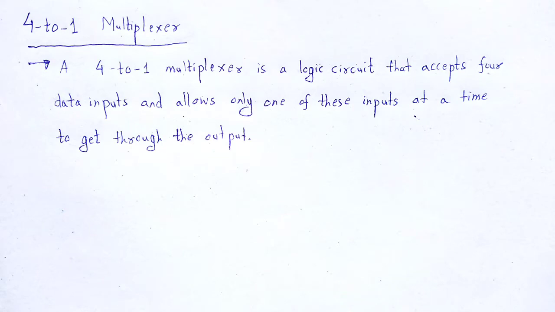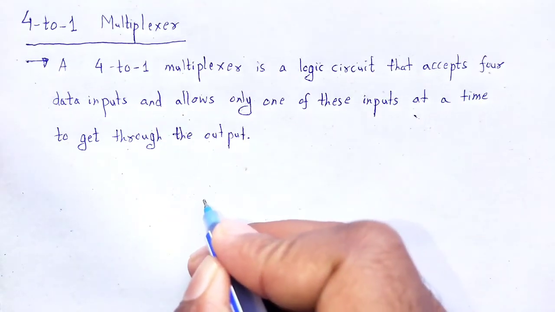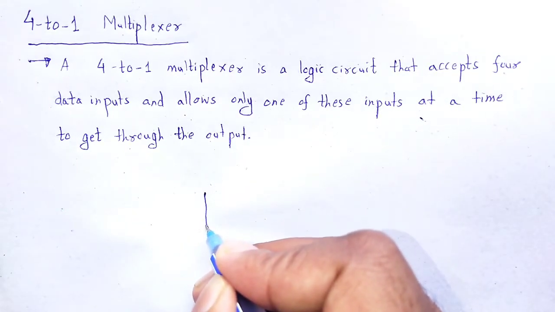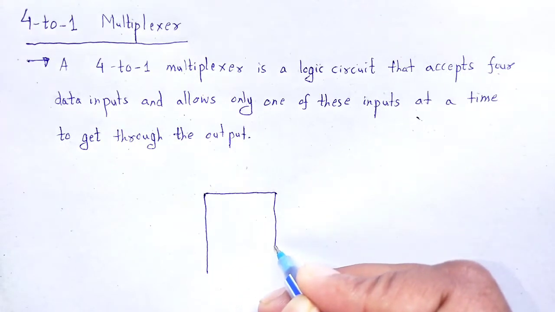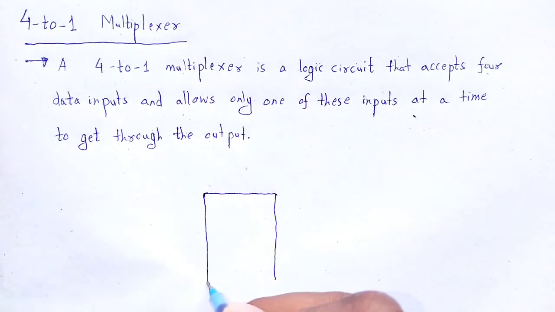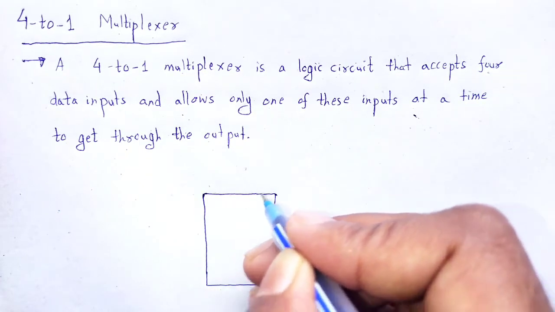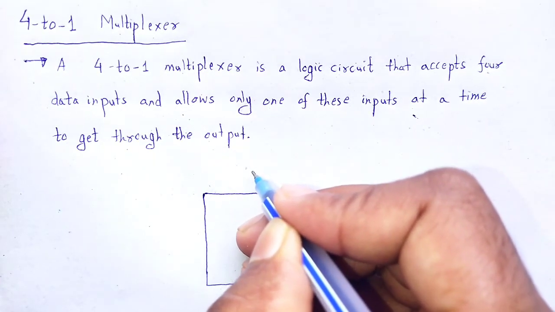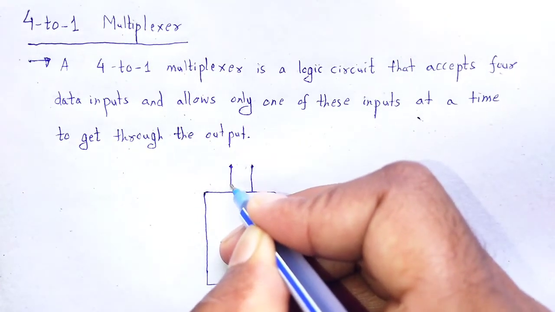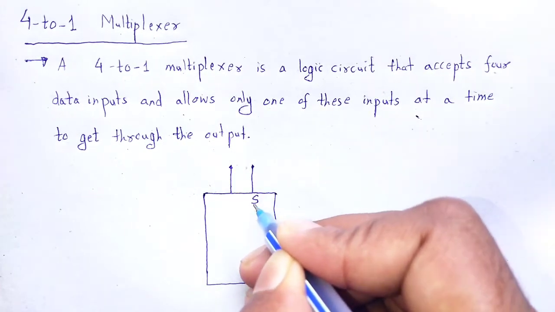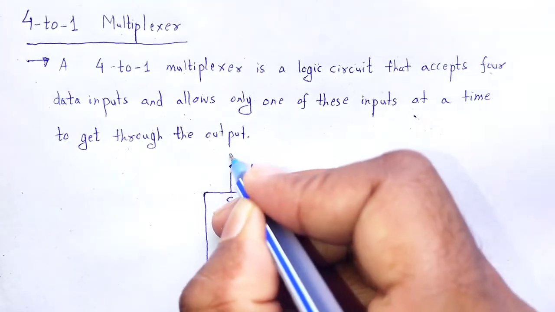In the block diagram, it has 2 select lines, named S0, S1, that are the select signals.